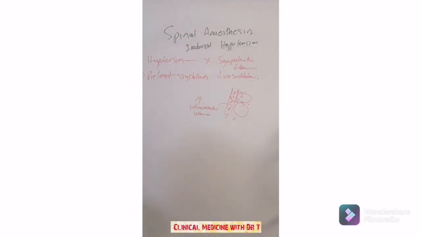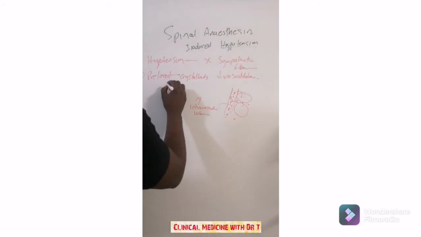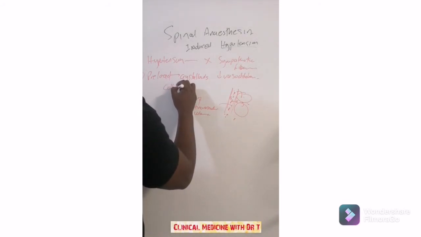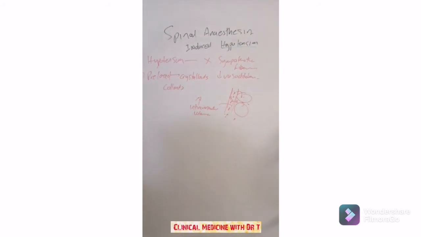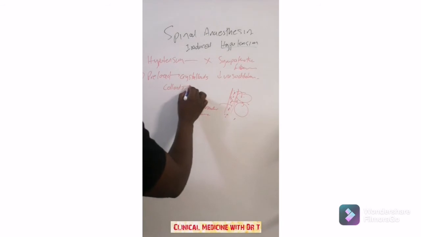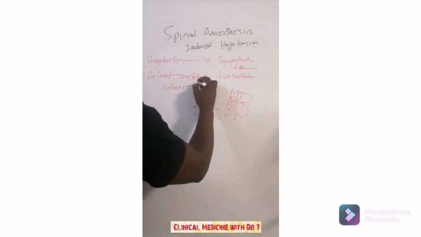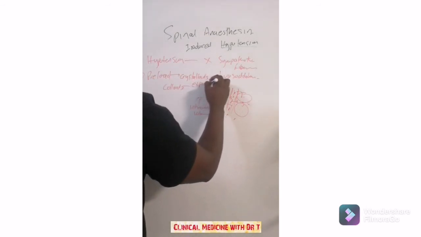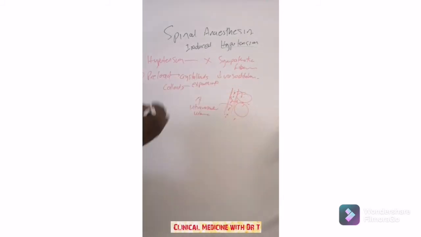So now people start to propose colloids. Why don't we preload with colloids? But now the problem is colloids are very expensive to start with. Very expensive. And we use colloids when we are doing a sort of aggressive resuscitation of a patient.